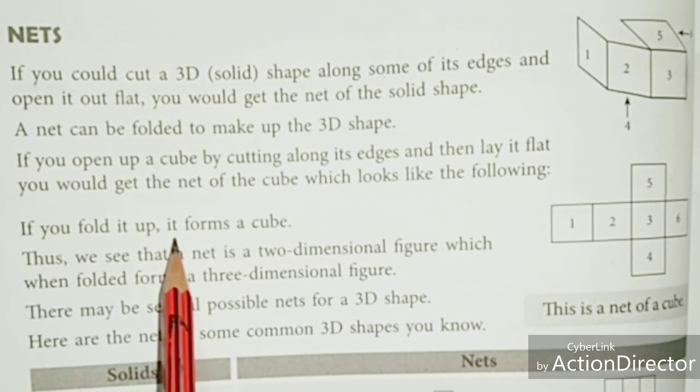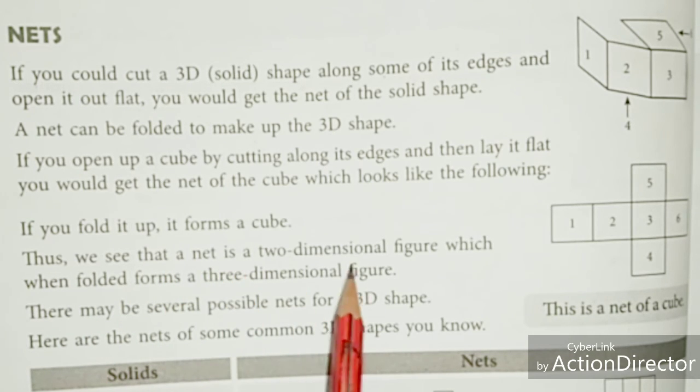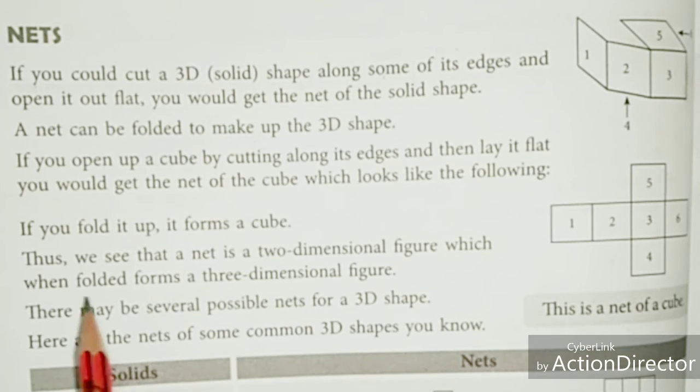If you fold it up, it forms a cube. Thus, we see that a net is a two-dimensional figure which when folded forms a three-dimensional figure. Like a square is a 2D figure, but a cube is a 3D figure.